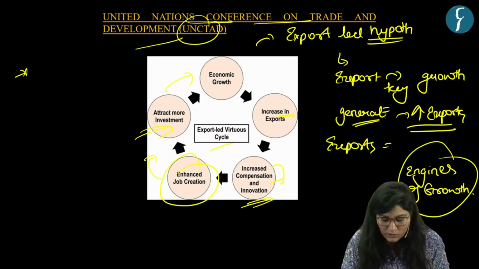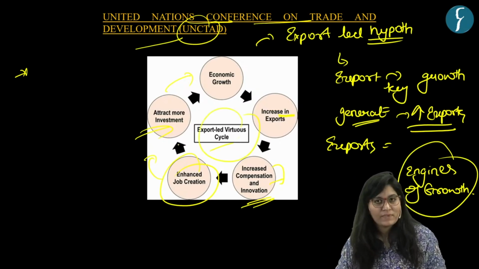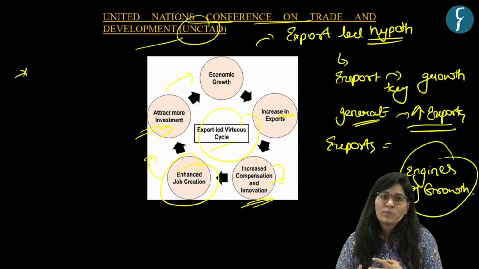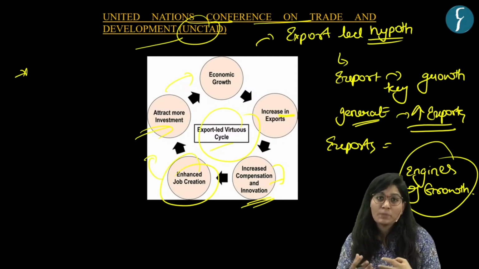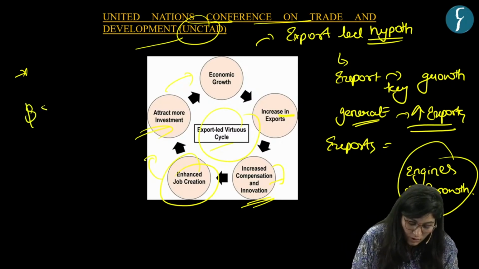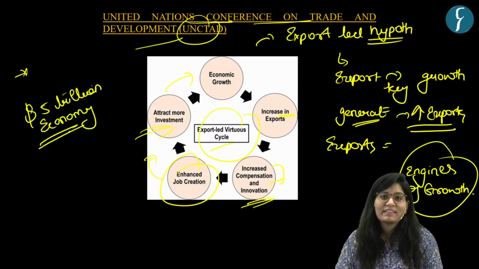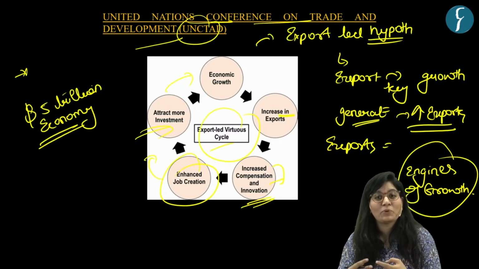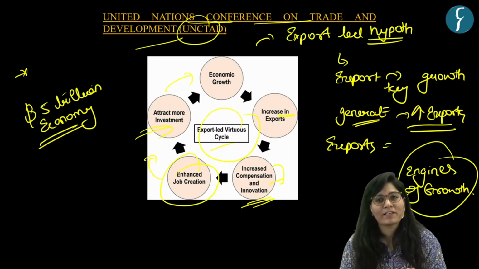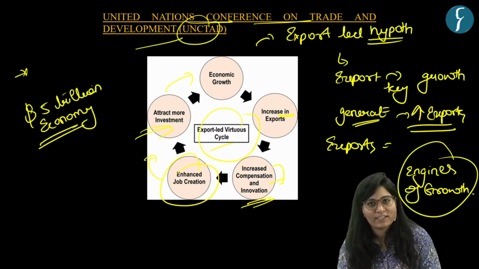So this is the export-led virtuous cycle, and this vision is well aligned with India's vision to become a $5 trillion economy. To attain this, definitely India needs to become an export-led model country.